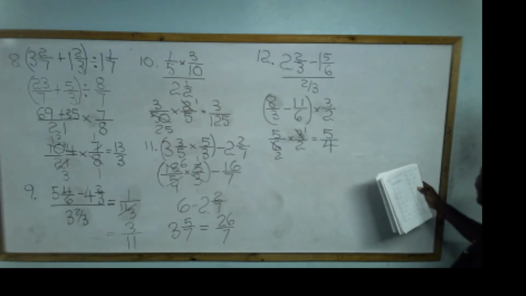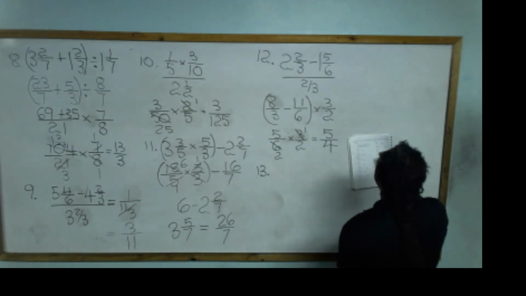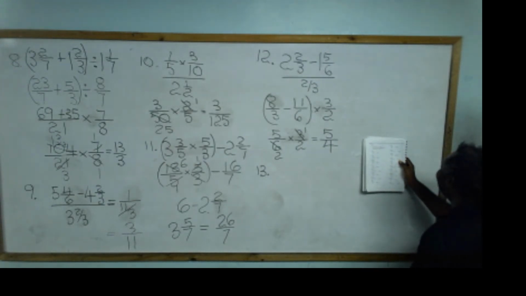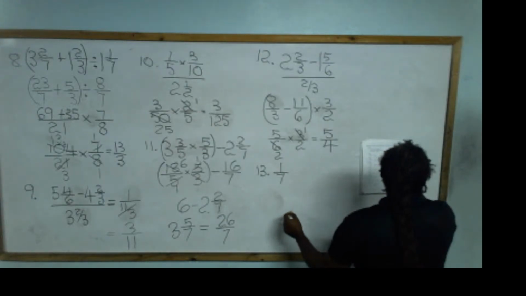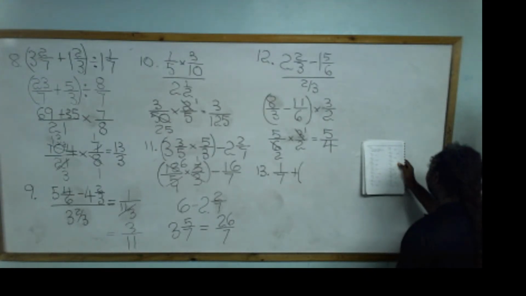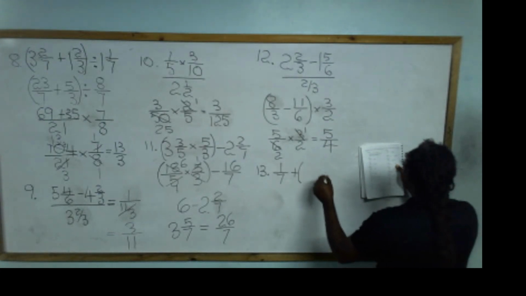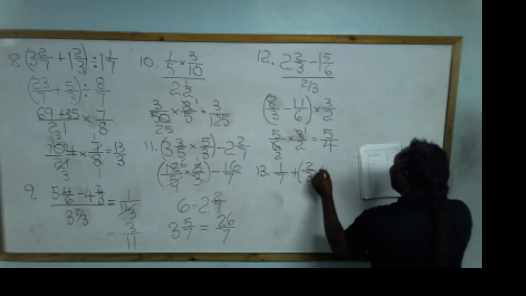Number 13. Yeah. We have some nice problems here. I like number 13. I'm going to try to do it right here. Number 13. 1 over 7 plus, in brackets, 2 over 3 to be divided by 11 over 12.